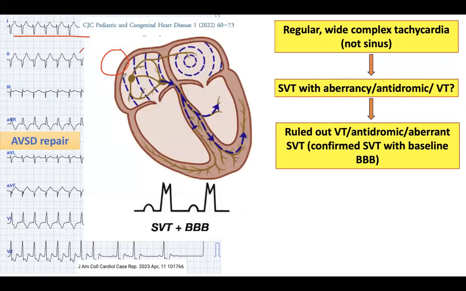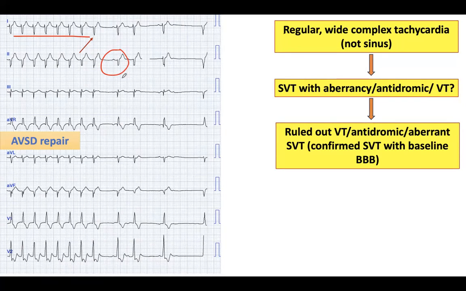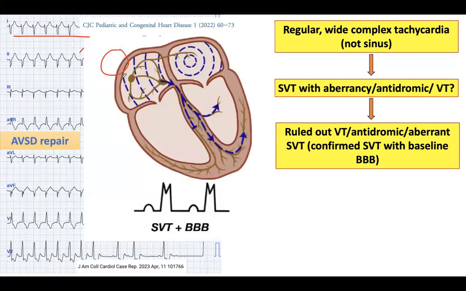Which is expected because post AVSD, you often have right bundle branch block. So that's an example of a patient who had SVT going down the left bundle, up a pathway or the AV node and coming down the left bundle, because the right bundle is blocked post surgery.